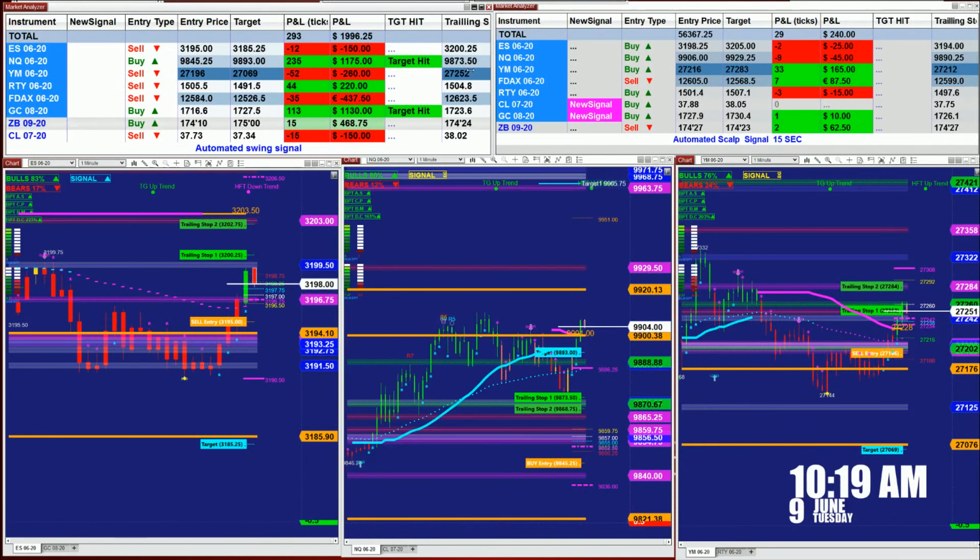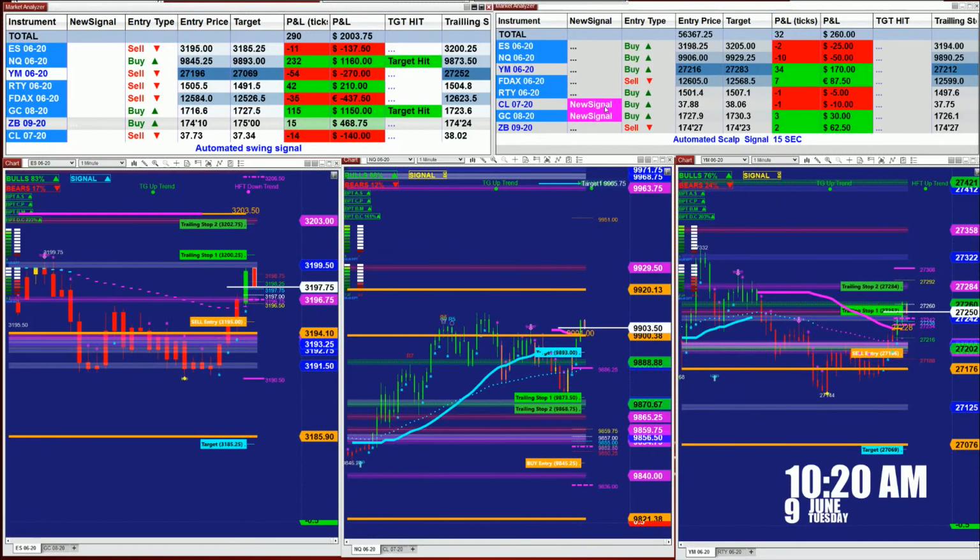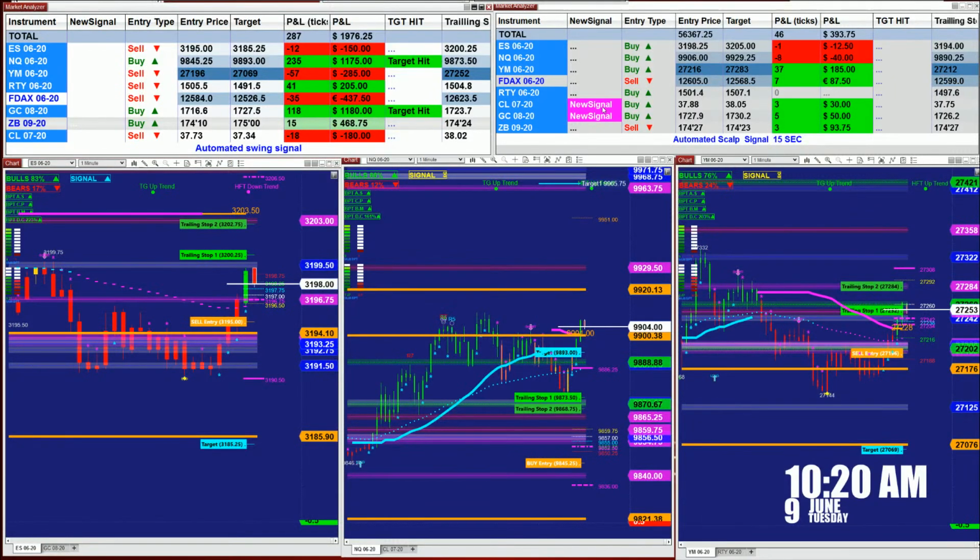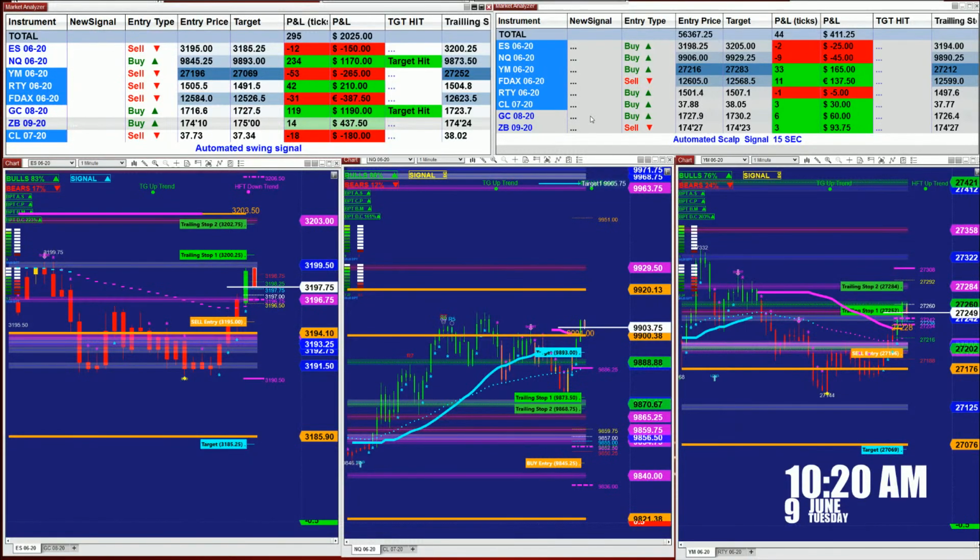And as we see right now, the market on the scalper gives you an early prediction, guys, whether it's short or long. And you can see now the CL, the gold, start giving you an early prediction entry. So this is really good to see what's going on with the CL and the gold.